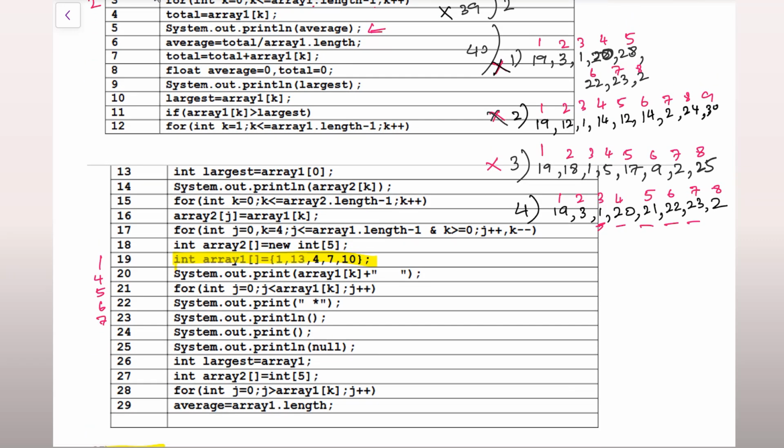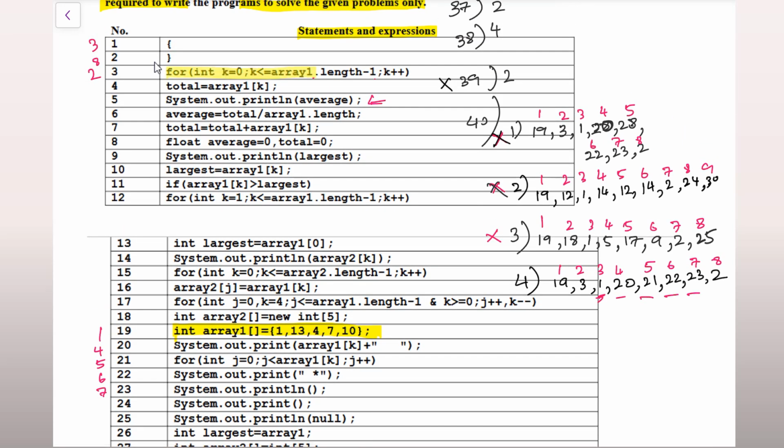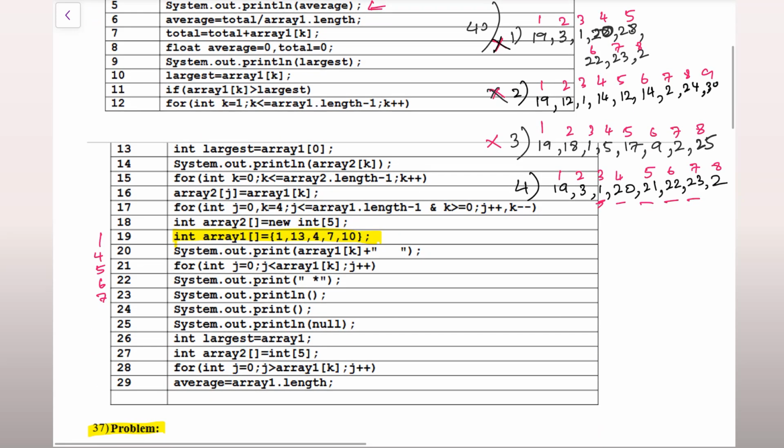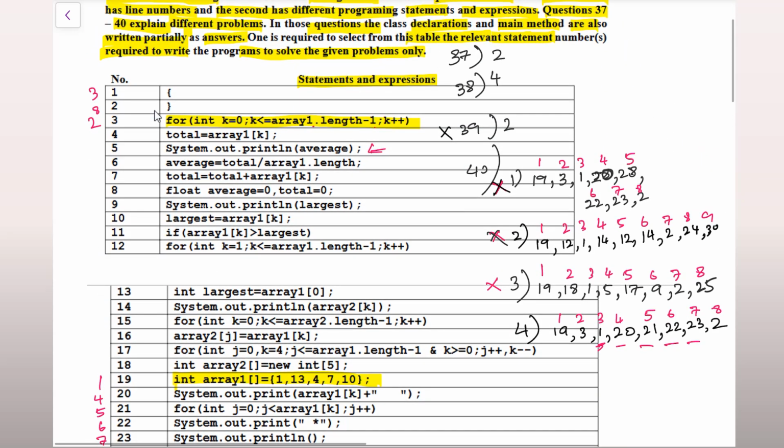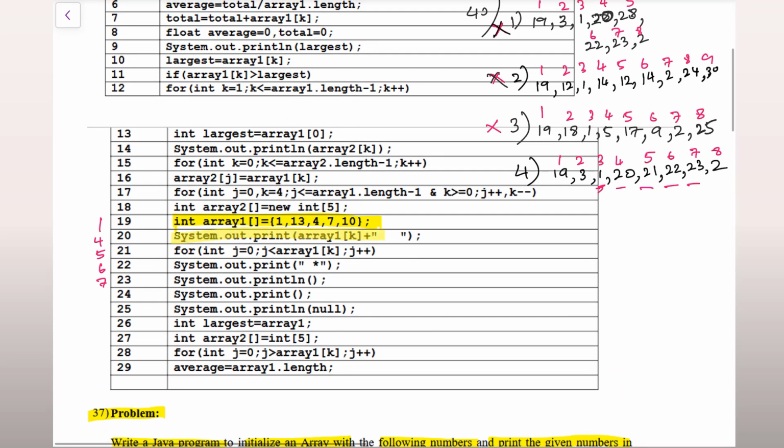Okay, so first one, you are declaring the array, and then you have a for loop going through the array, right? And then you are starting the for loop start brace, and then you are printing the actual number value, which on the first instance is 1, right? 1 will be printed and a space will be printed, and then you have a nested for loop here, right? 5.